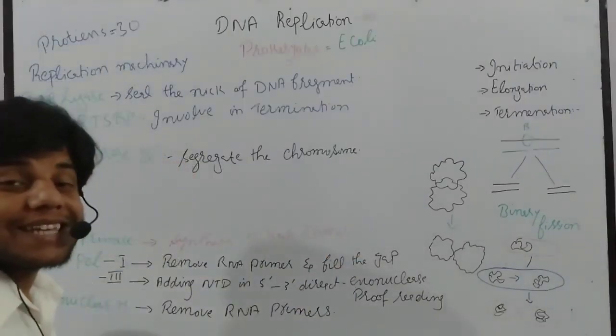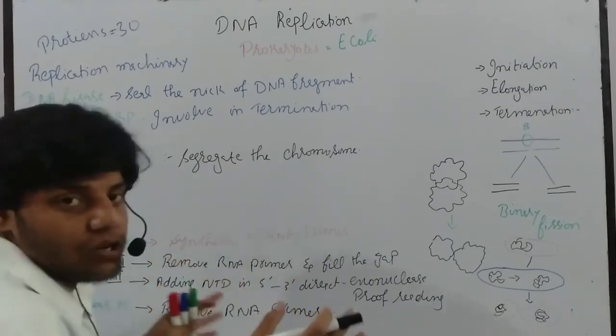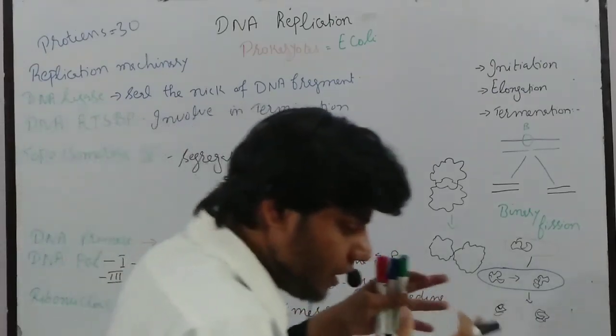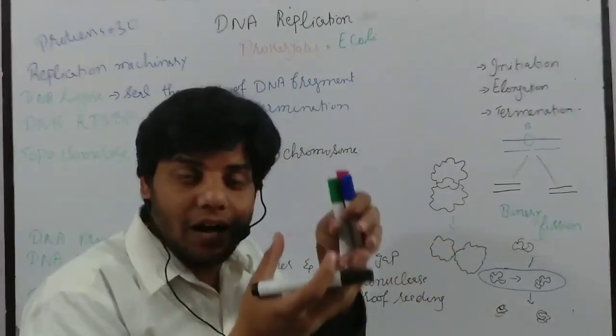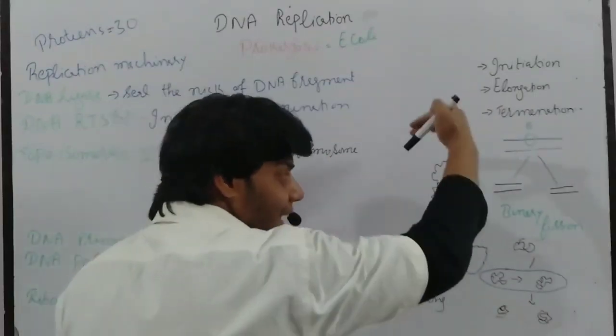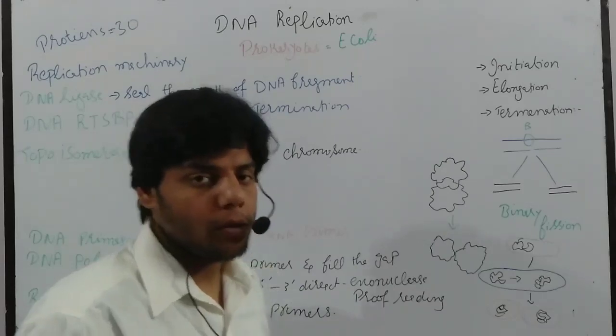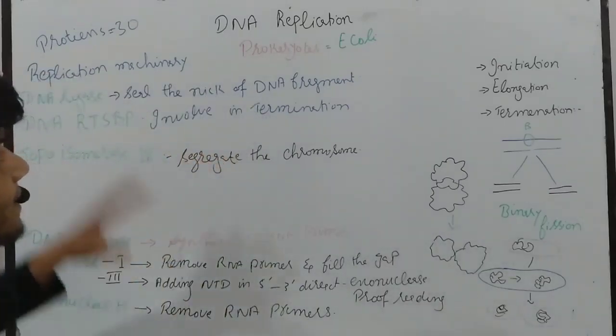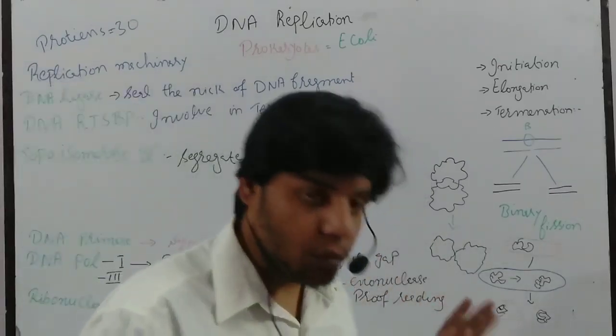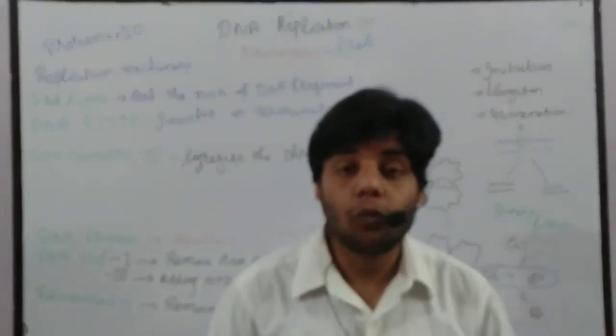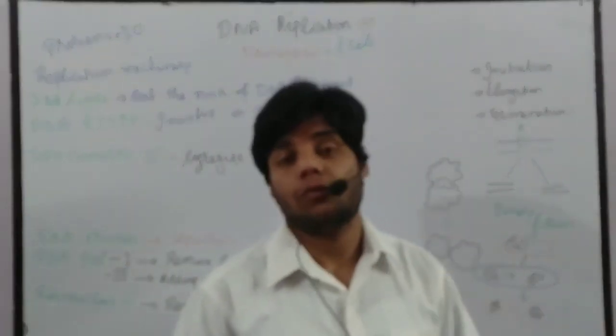It is usually involved in the segregation, the separation of the chromosomes. Once the DNA is formed, it can separate the DNA into two. So these are the main important proteins usually involved in DNA replication in prokaryotes.